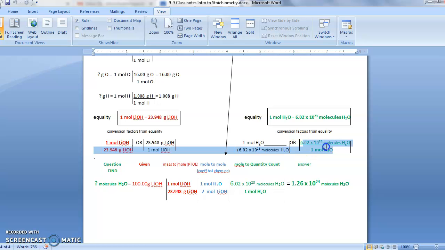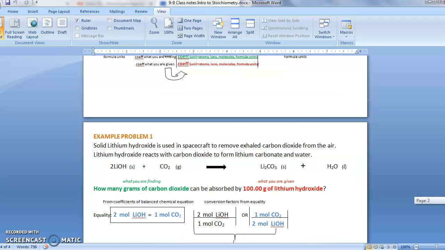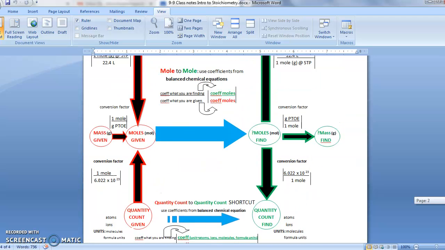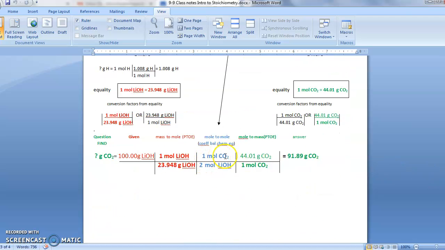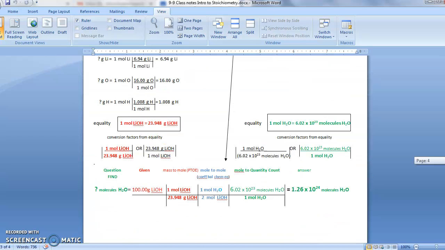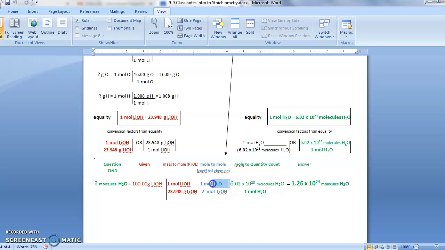This is the one I need right here because I want Avogadro's number on top. The way I can check that is if this one is moles of H2O, that has to be moles of H2O so that they cancel, leaving me with molecules of H2O, which is what I'm trying to find.